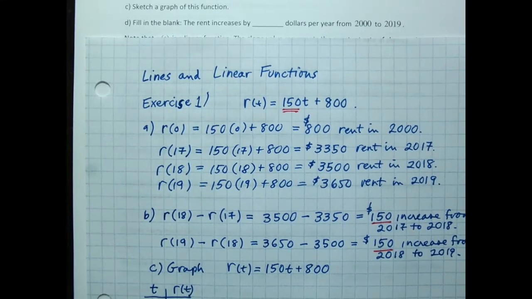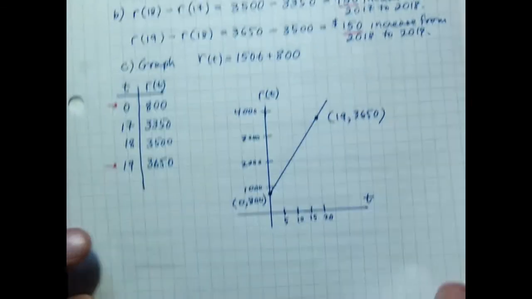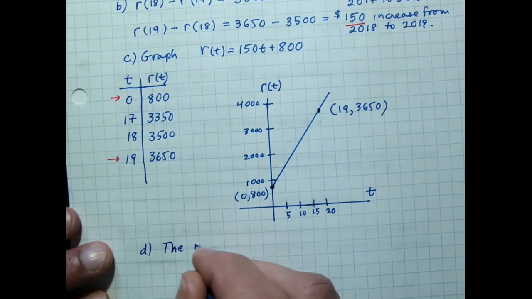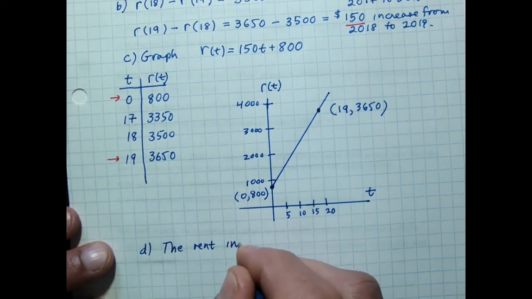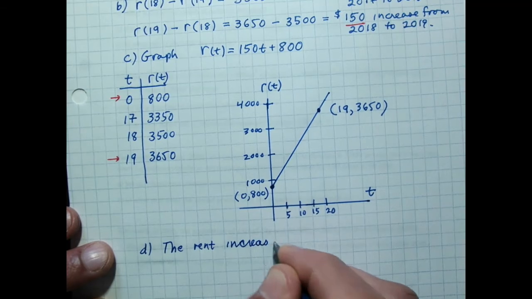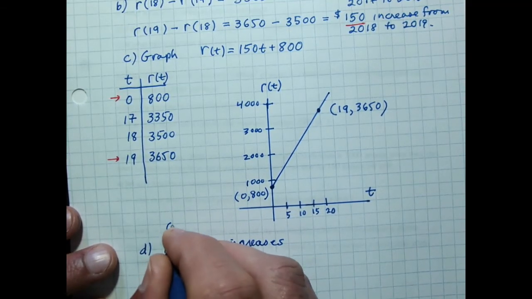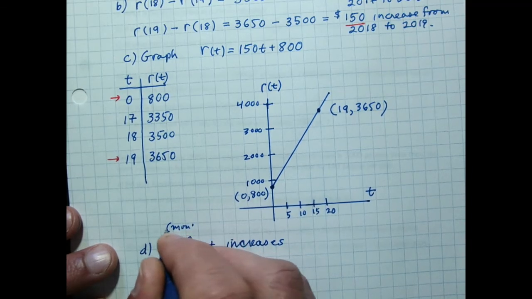So the part D. The rent increases, and I didn't put it in the word problem, but we mean the monthly rent, right?